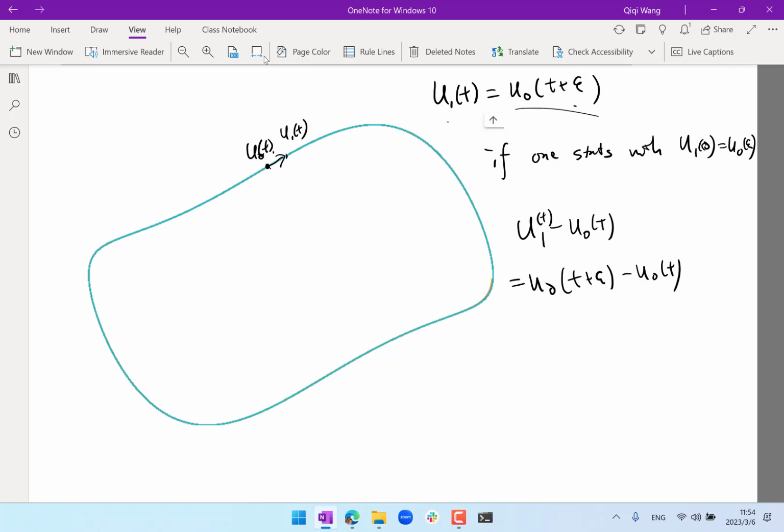If epsilon is infinitesimally small, this is equal to du0/dt at u0 of t times epsilon, the derivative of u0 with respect to t. Make sense? So if I perturb the system so that it is a little bit ahead in time, then the perturbed system would always stay that little bit in time ahead of the unperturbed system.